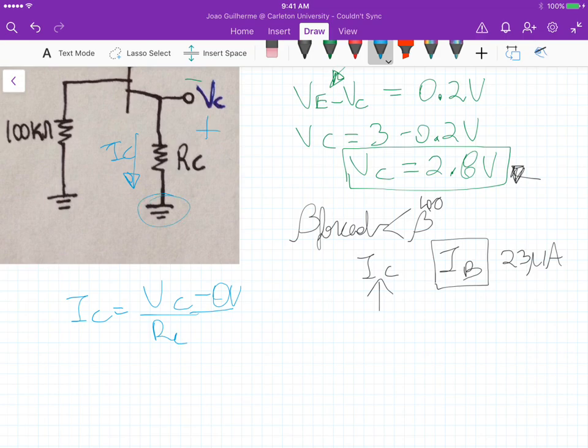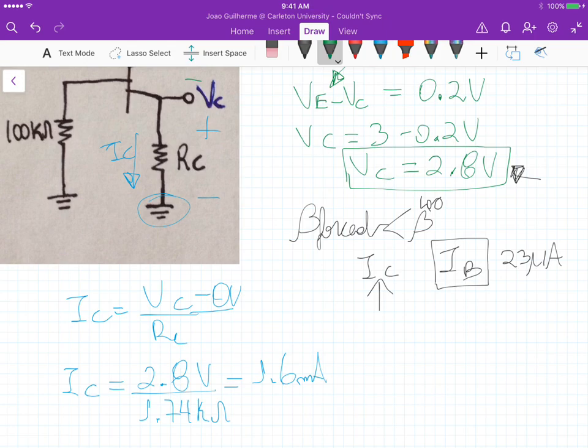So it's this potential difference across RC. And this gives us an IC equal to 2.8 divided by the RC that we selected before, so it's 1.74K. This is volts, this is ohm, and this gives us 1.6 milliamps.